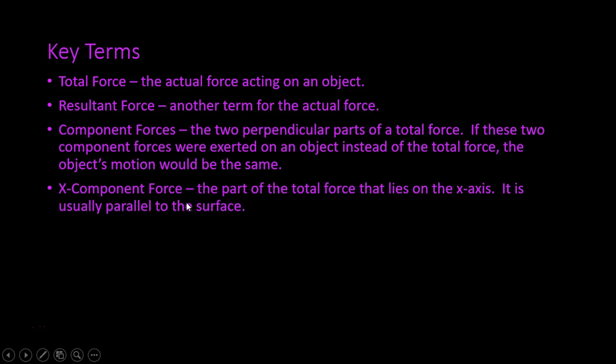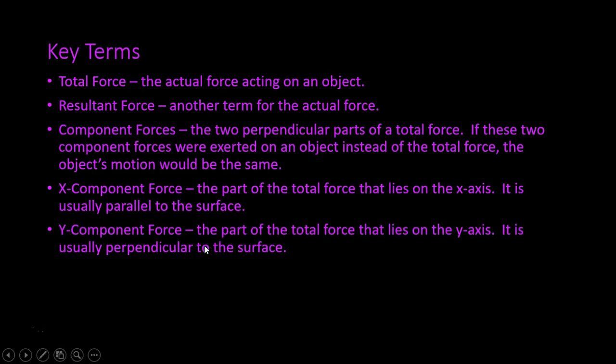The x-component force, that's the part of the total force that lies on the x-axis. It is usually parallel to the surface, or we sometimes call that the horizontal component. The y-component force, that's the part of the total force that lies on the y-axis. It is usually perpendicular to the surface and is often called the vertical component.